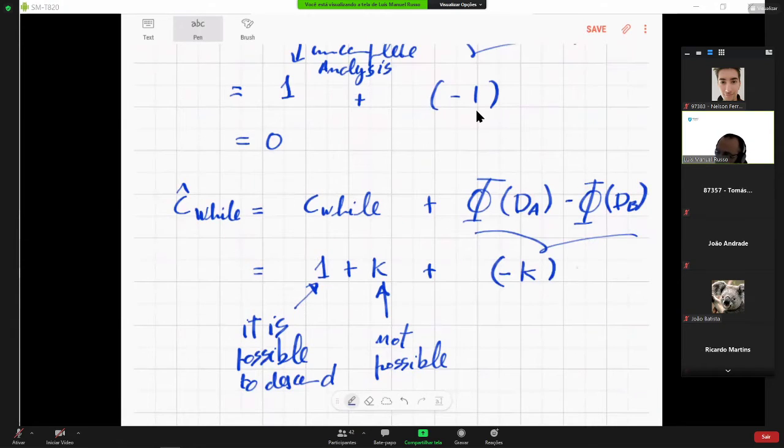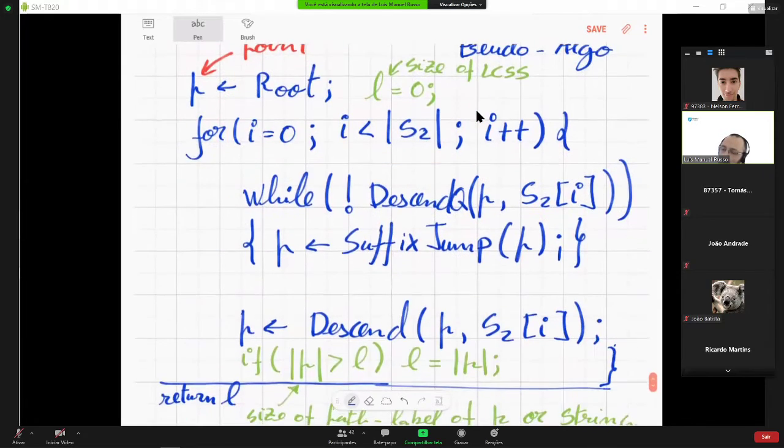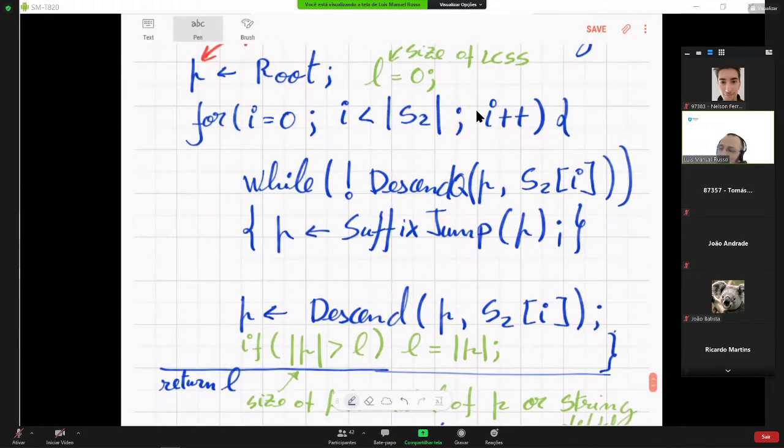So if we do this, we get that the amortized time of the while cycle is 1, right? And that basically means that we're golden here because we have a for cycle, and everything inside the for cycle is amortized constant.